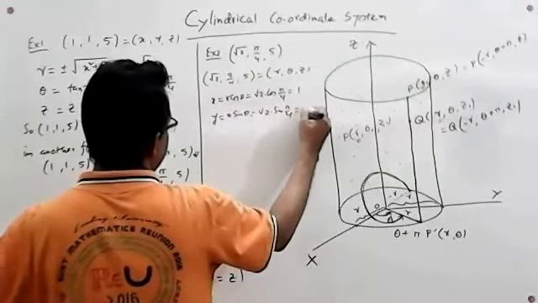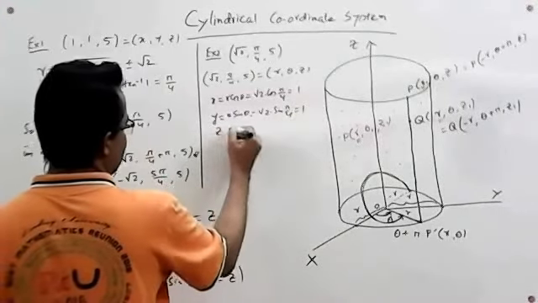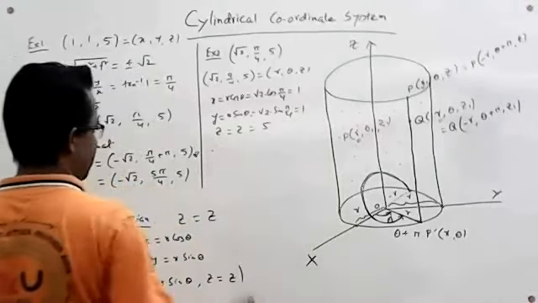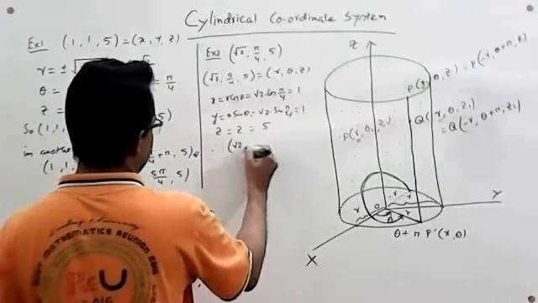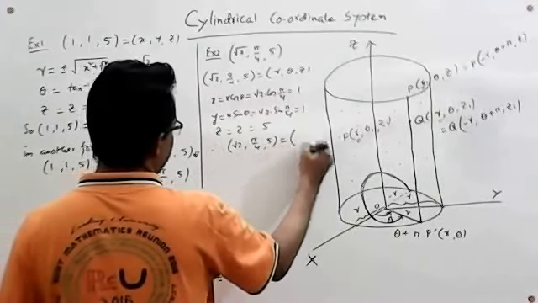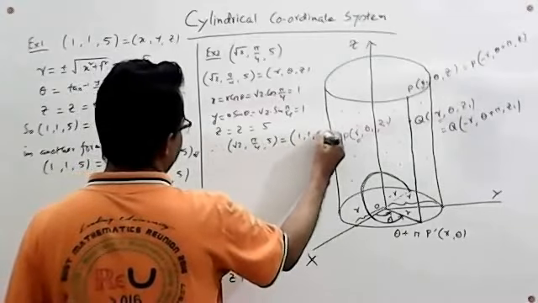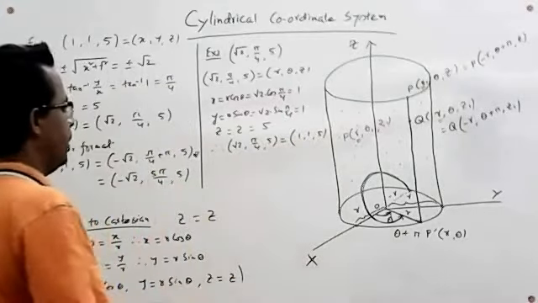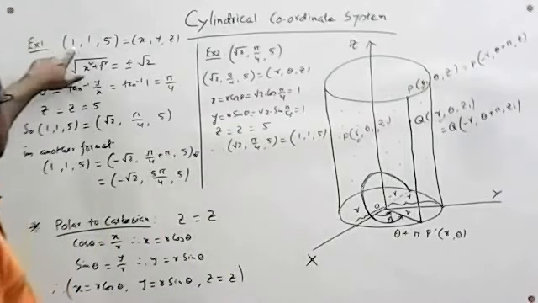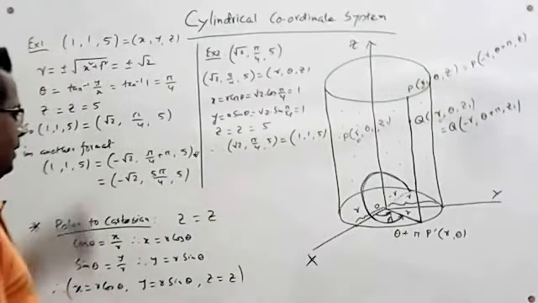This result is also 1, and we know that z equals 5. Therefore, the required point root 2, 5 pi by 4, and 5 in the cylindrical coordinate system is 1, 1, and 5. So we have successfully come back to this point 1, 1, 5.